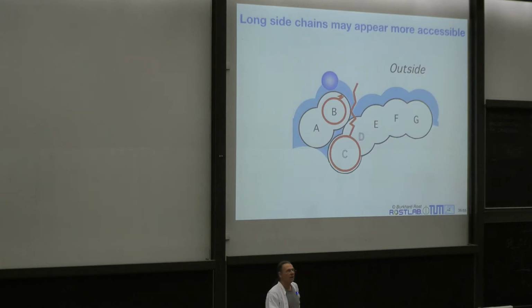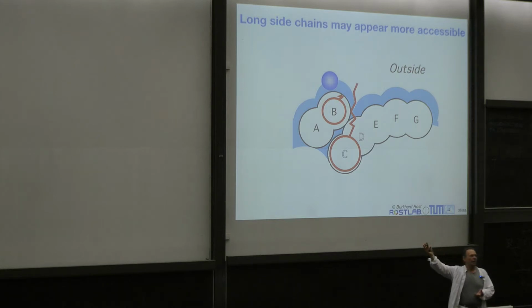That means that essentially long side chains may appear to be more water accessible. In this particular case here, the C would have a higher absolute accessibility: if the C were a lysine and the B were an alanine, then the C, in this example that I sketched, would have a higher absolute solvent accessibility than the B, although the B is closer to solvent.